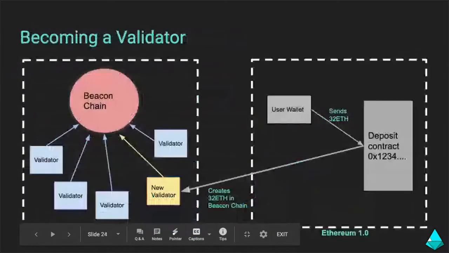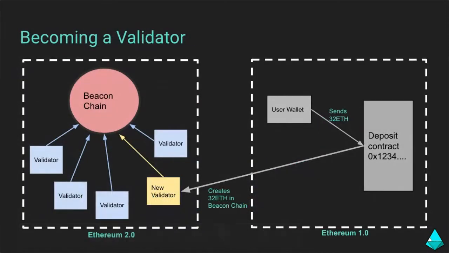And here's a quick overview diagram on how to become a validator. You essentially send 32 ETH to the deposit contract, and that's on the ETH1 side of things. The deposit contract was recently formally verified, so very excited about that progress as well.